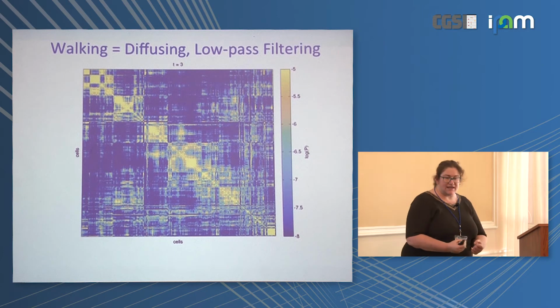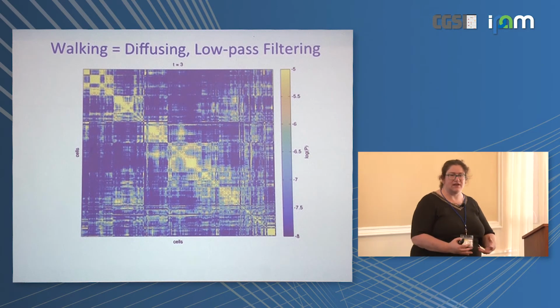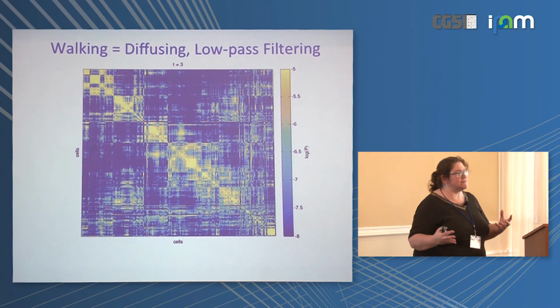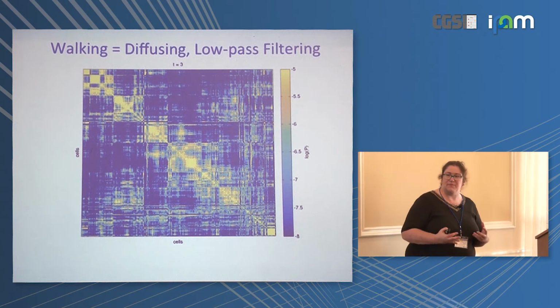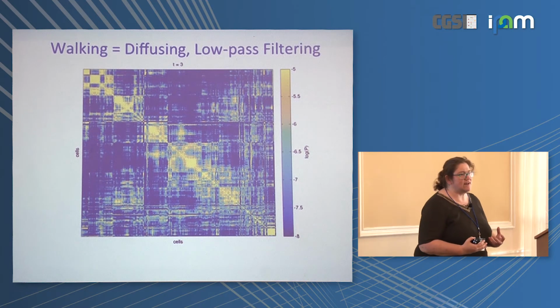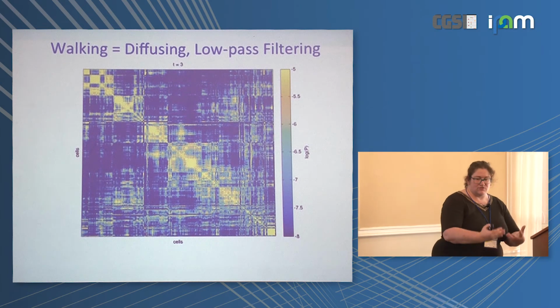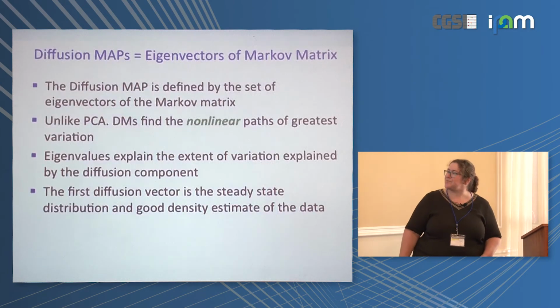So while I can reach more cells by taking a longer walk, this graph is weighted such that I really pick up on the most likely paths and the dominant structures in the data. And if I have an outlier step, it lowers its weight with time.